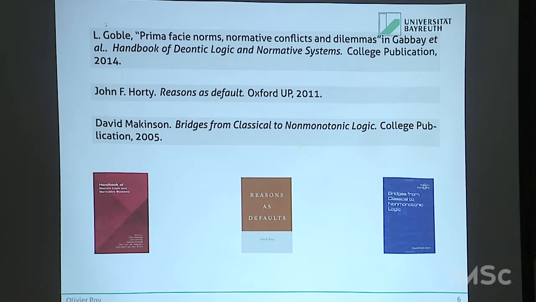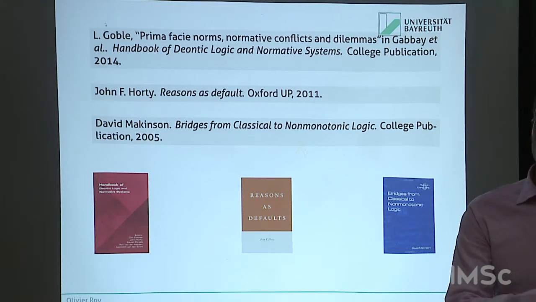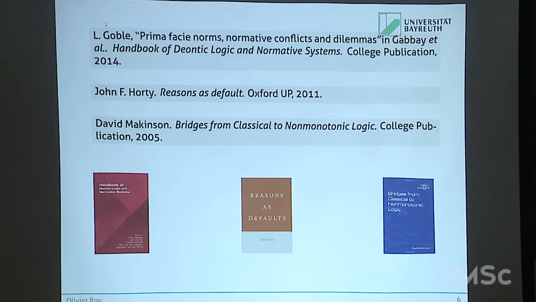In particular, if you're more of a modal logician type and think about models with accessibility relations, there's a natural way to model non-monotonic reasoning using that, and Makinson shows it in the book. But our focus will be the book in the center, Horty's Reasons as Default.